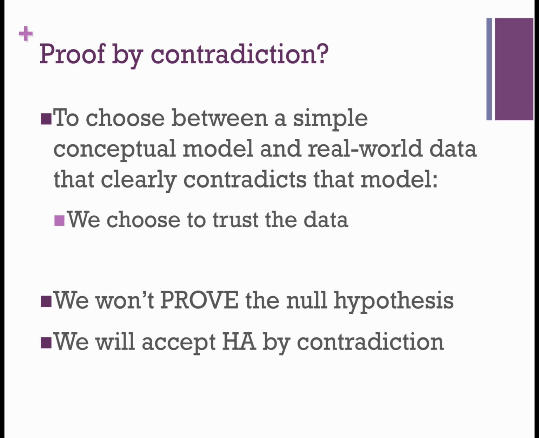So we won't prove the null, we won't prove the alternative. We are either going to accept the null or we are going to reject the null. We can fail to reject the null, so we won't change our mind. We can reject the null and accept the alternative. So remove the word prove from your statistical vocabulary.